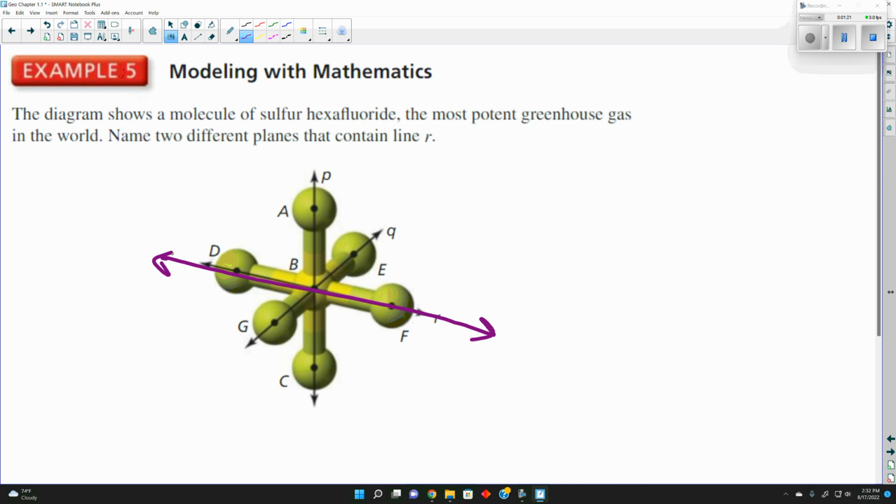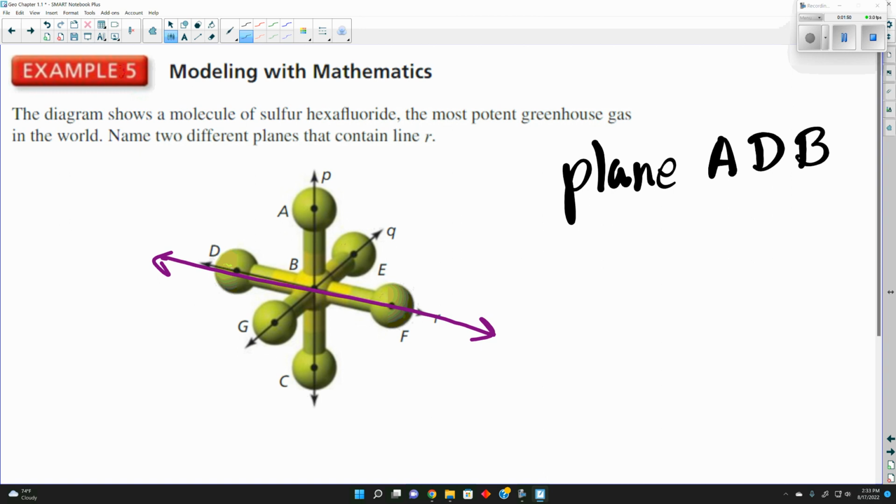No. But by definition, we can create any plane through how many points? 3, yes? So if I have 3 points, I will have created a plane. So what do we think one plane could be? Well, we could say A, I think I heard D and B.